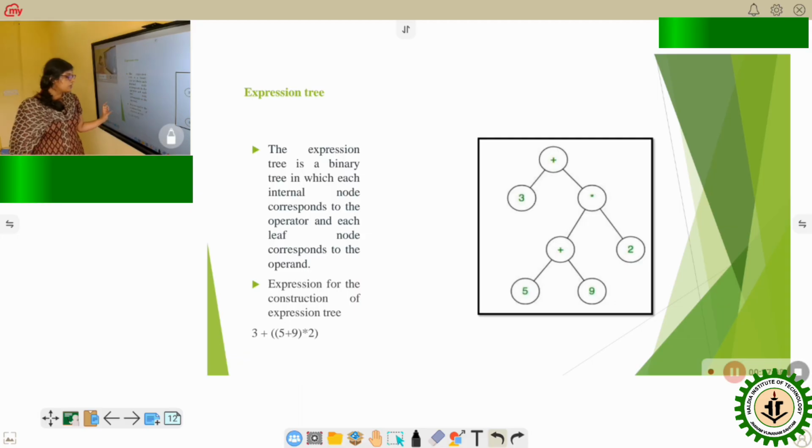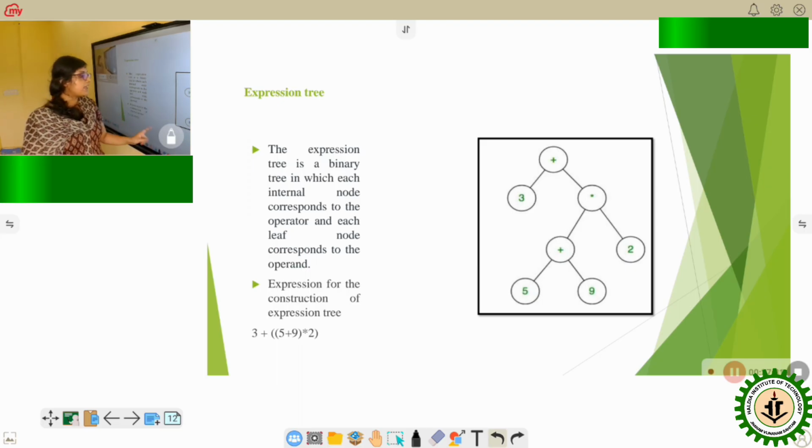So we will solve this using the Bodmas rule. We have all learned Bodmas rule in our childhood. According to this, we will first solve the Bodmas, B-O-D-M-A-S, B for bracket. We will first solve the expression within the bracket. So 5 plus 9 will be solved first because it is present within the first bracket.